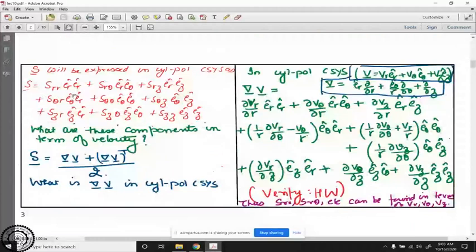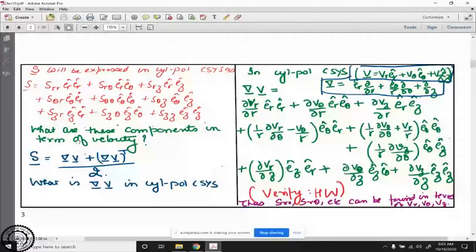So it will have components SRR, SR theta, SRZ, so on, and these will be coefficients of the corresponding dyads, ER ER, ER E theta, and so on. So if we are working in cylindrical polar coordinate system, what are these components? I mean, individually, what is SR theta and what is SRZ in terms of velocity?